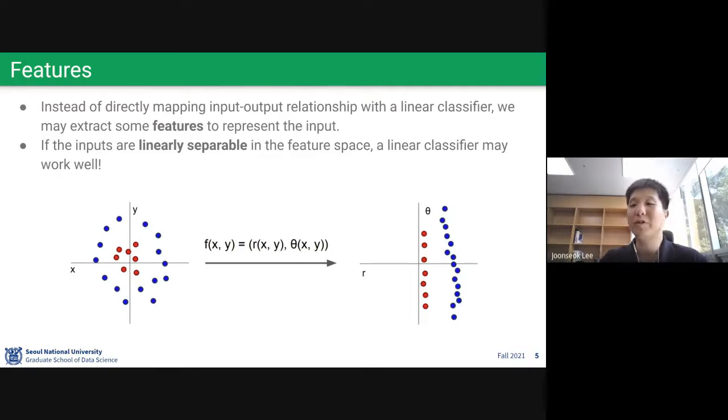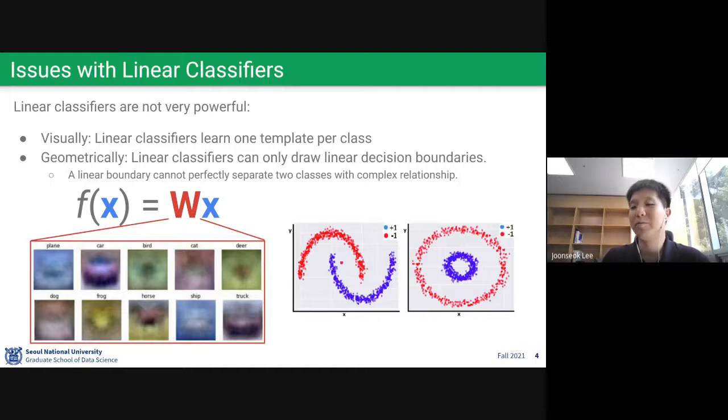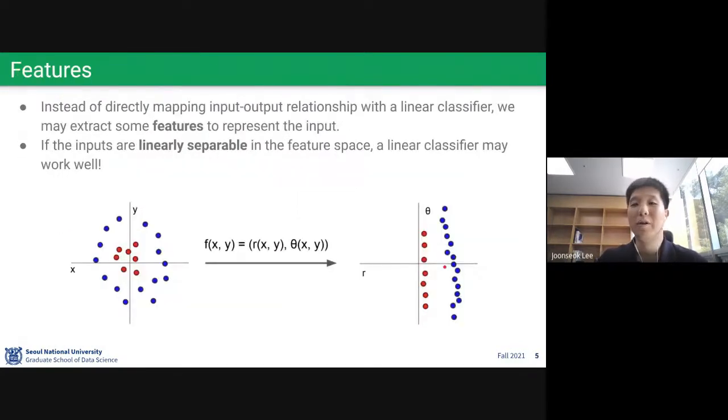But is it always possible? Probably not, right? This one was a quite easy example where we can find these polar coordinates. But what about other data sets which are much more complex? What should we do? It's usually possible if we increase the dimensionality of this Euclidean space. For example, these data sets are in two-dimensional space.